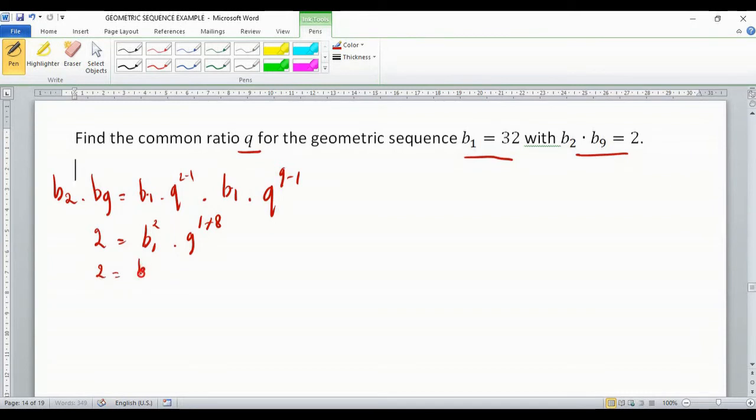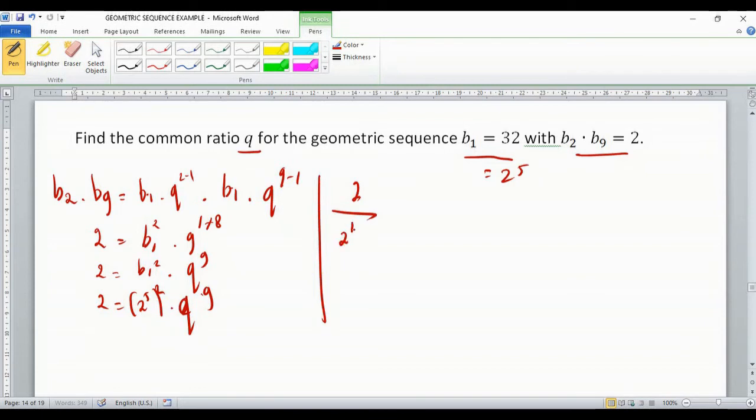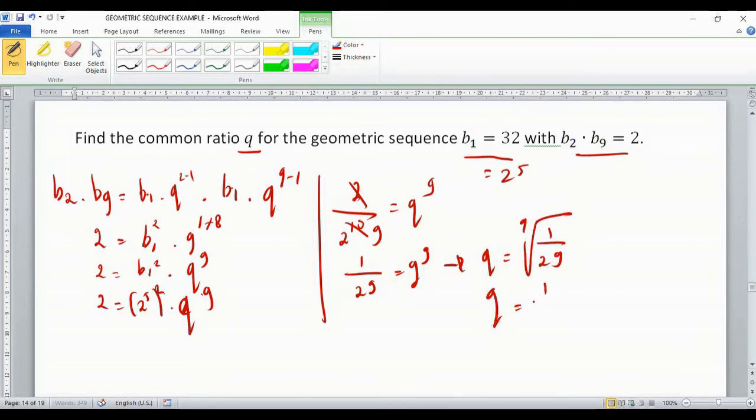So 2 equals b_1 squared times q^9, right? Here 32 is 2 to the power 5, so 2 equals (2^5) squared times q^9. So 2 over 2^10 equals q^9. We cancel, and it becomes 1 over 2^9 equals q^9. So q equals the ninth root of 1 over 2^9, which is 1 over 2. So the common ratio q is one half.